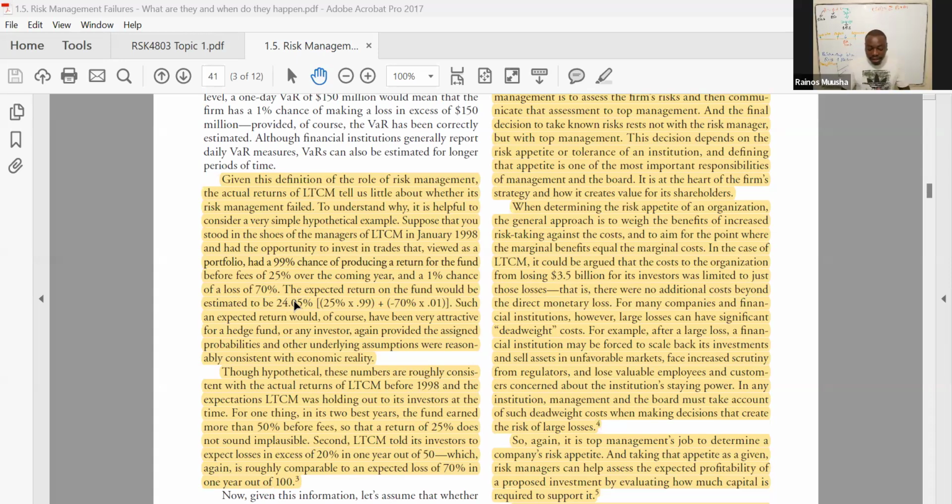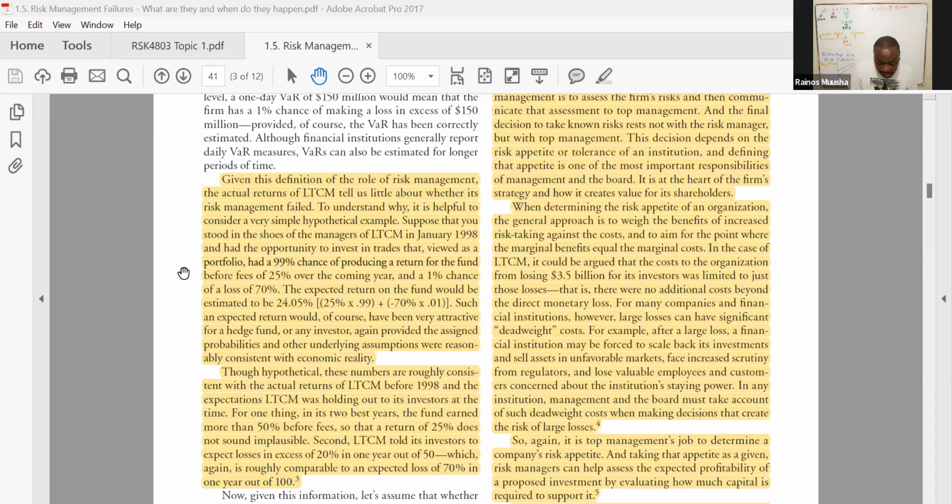It means that just by looking at it, you are very confident that you should be able to meet this return of 24.05%, because 99% of the time, you should be able to generate 25%, and only 1% of the time, you should be suffering a loss of 70% on your portfolio. So if you just look at it at face value, the investment looks like a good investment because the overall expected return here is 24.05%.